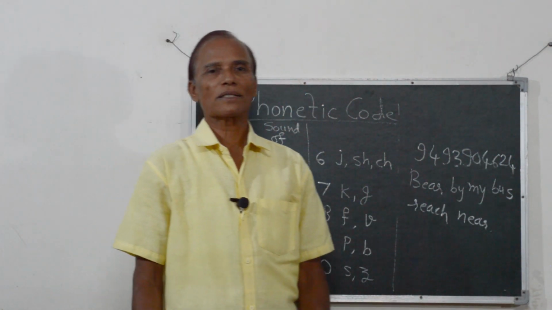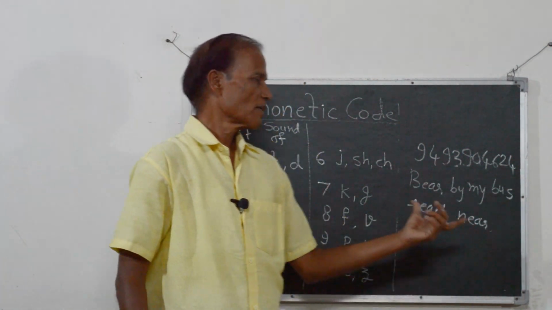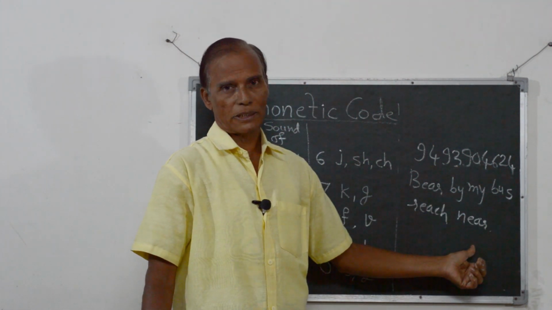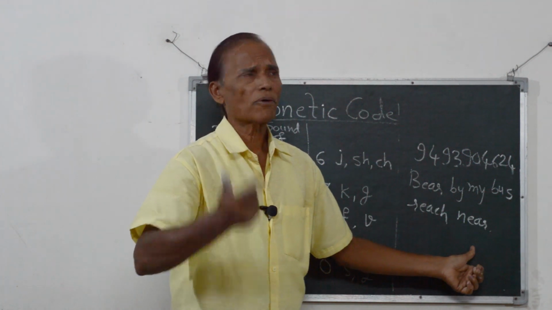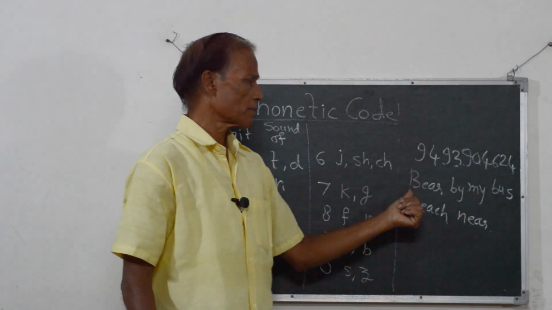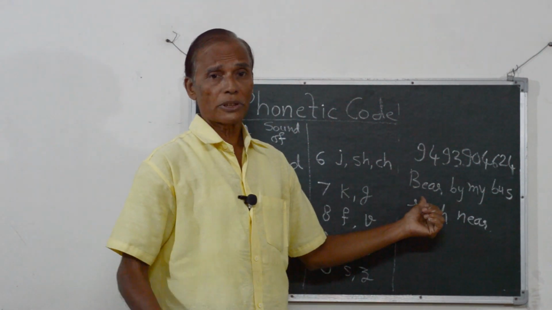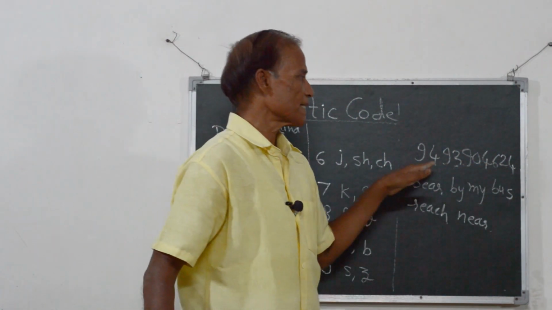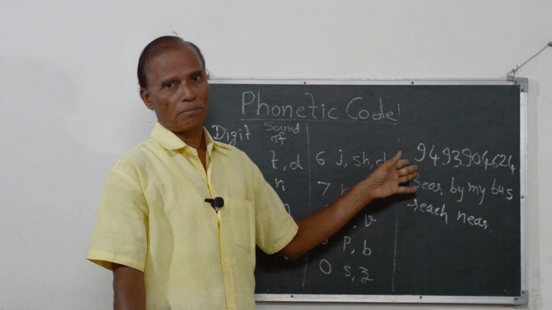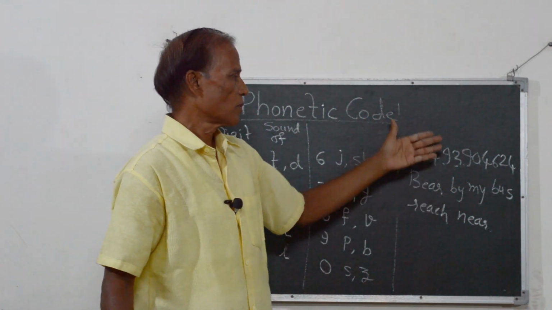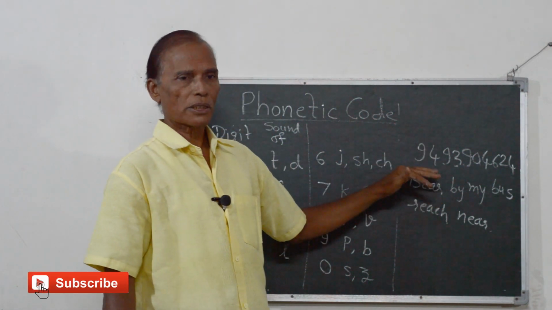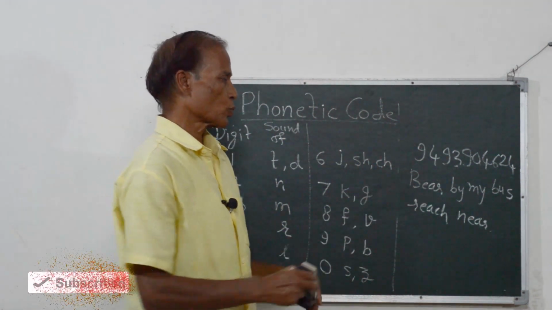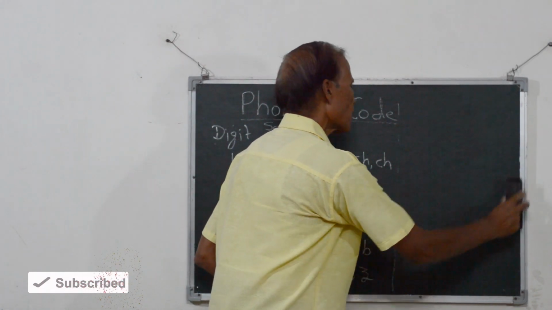Okay, this is the conversion to text. If you remember this text, it is easy to remember text, friends. So if I want to remember this mobile number, I will remember this text: beer by my bus, reach near. Then it will be easy for me to recall this number, because I know how to convert numbers to text and the reverse conversion, and you can also learn it easily.